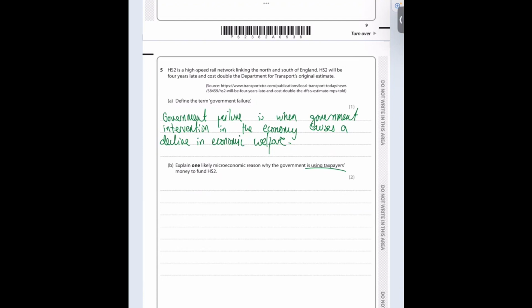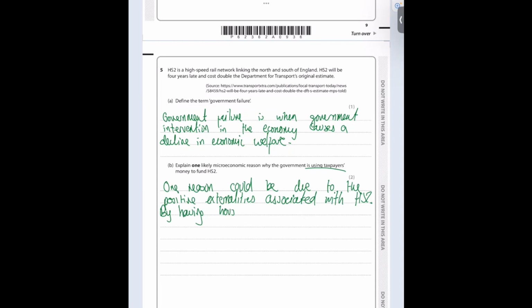A reason could be due to positive externalities associated with HS2 by having people use rail rather than the roads, reducing pollution.